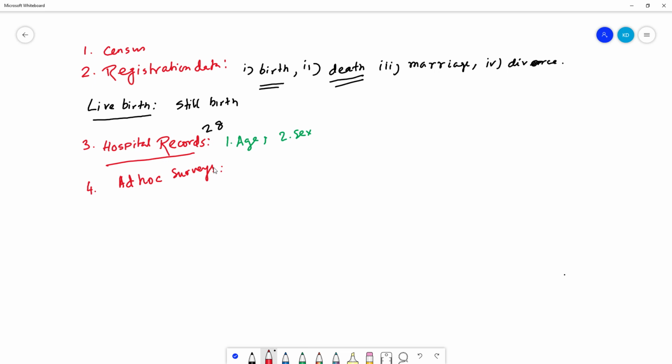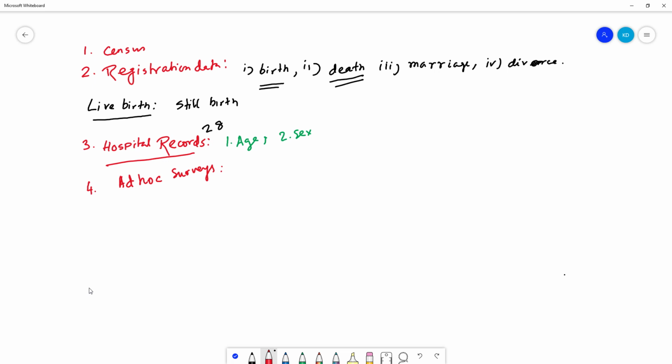In our country, the National Sample Survey Organization, in short NSSO, occasionally conducts special surveys to collect raw data on some particular vital events of some specified characters.